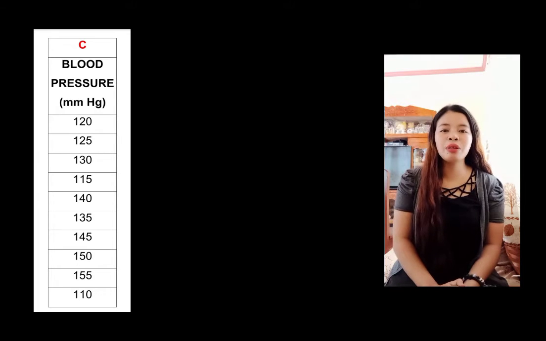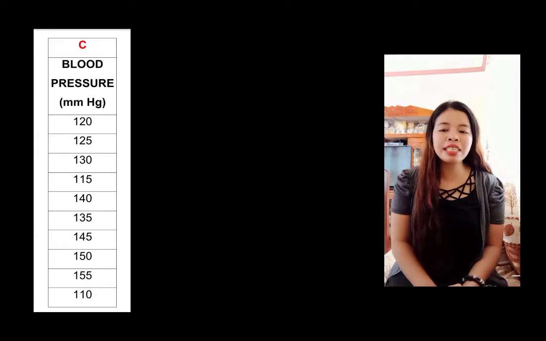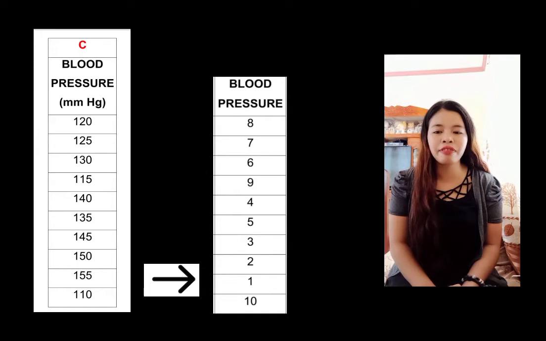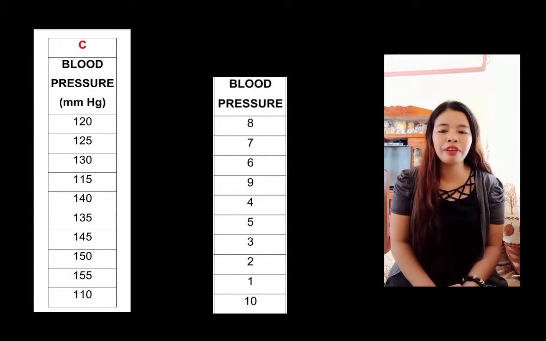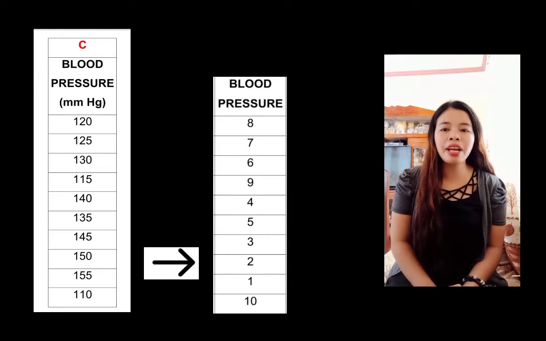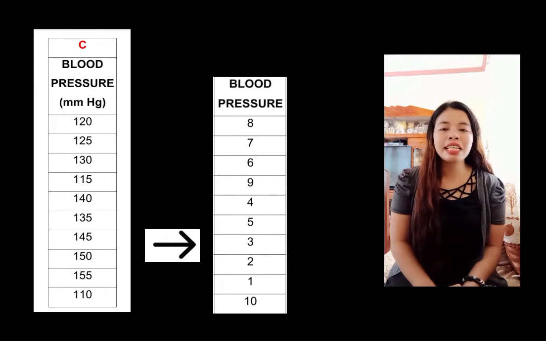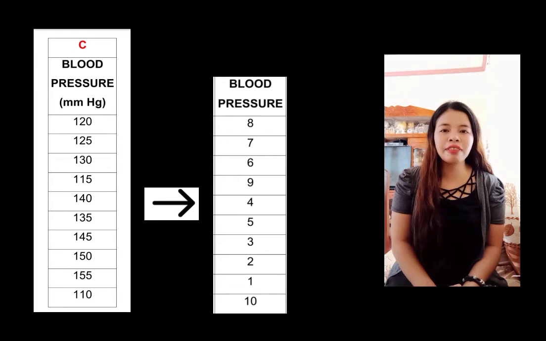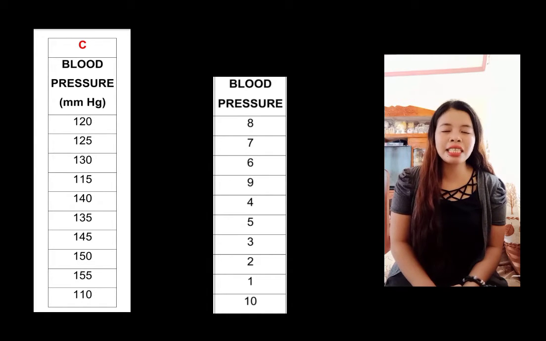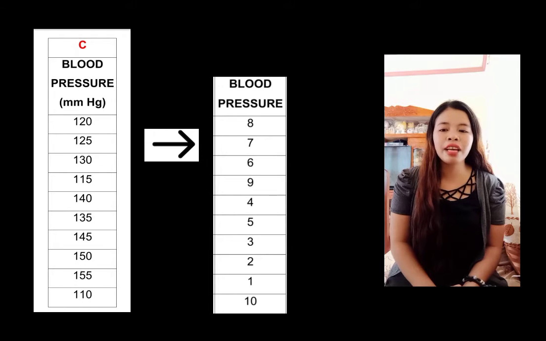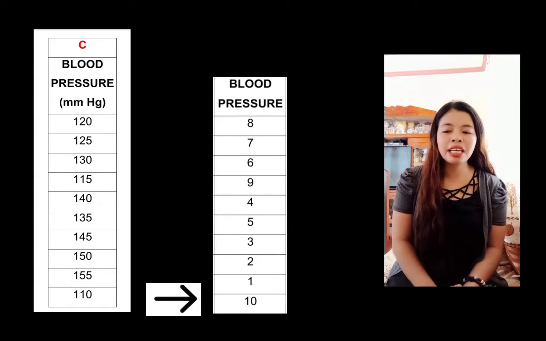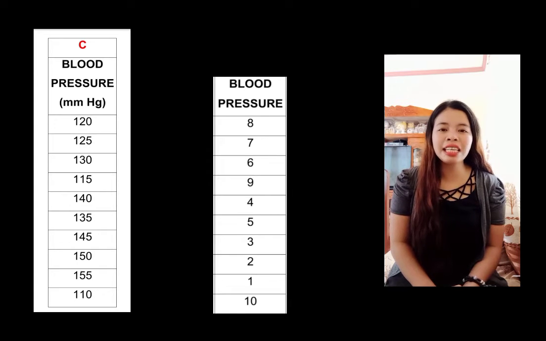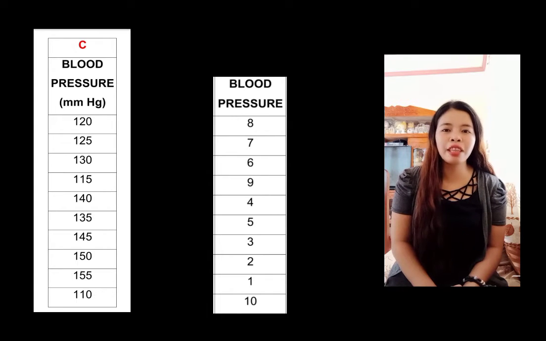Now, let's do the ranking. The first in the rank is 155, the second is 150, the third is 145, the fourth is 140, the fifth is 135, the sixth is 130, the seventh is 125, the eighth is 120, the ninth is 115, and the last one is 110. So that is the ranking of the blood pressure.